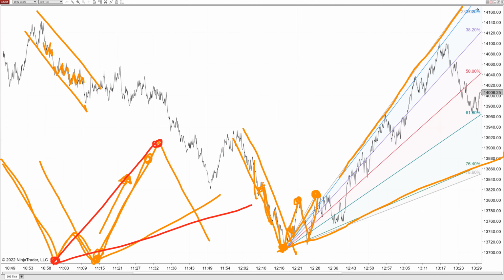If, on the other hand, we have a double top, let's say it comes from here, comes on up, pulls back, comes back up, retests it, we can go from our low to that second high. And that is going to give us our appropriate fan levels for support.